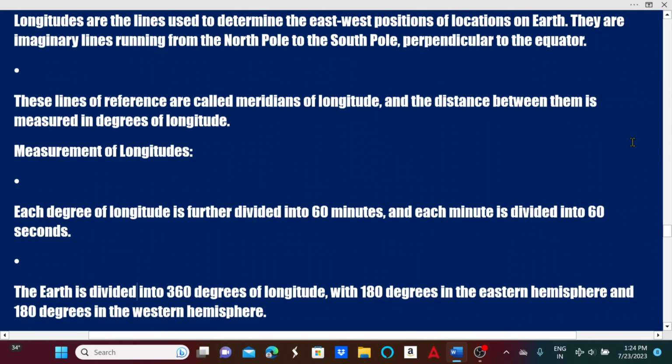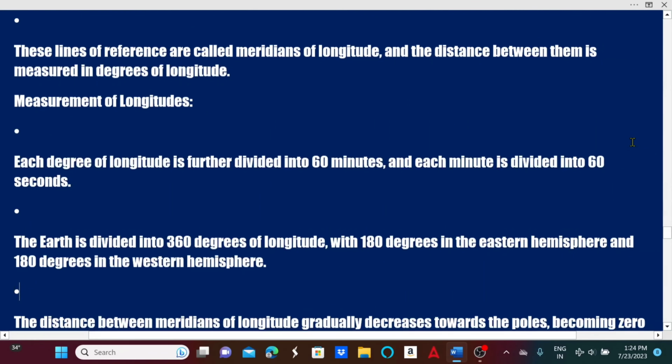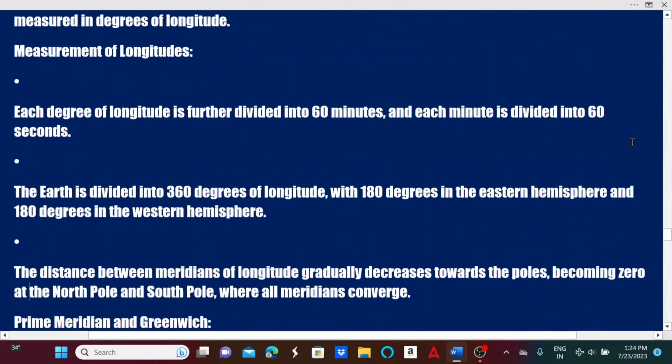The earth is divided into 360 degrees of longitude, with 180 degrees in the eastern hemisphere and 180 degrees in the western hemisphere. The distance between meridians of longitude gradually decreases towards the poles, becoming zero at the North Pole and South Pole.